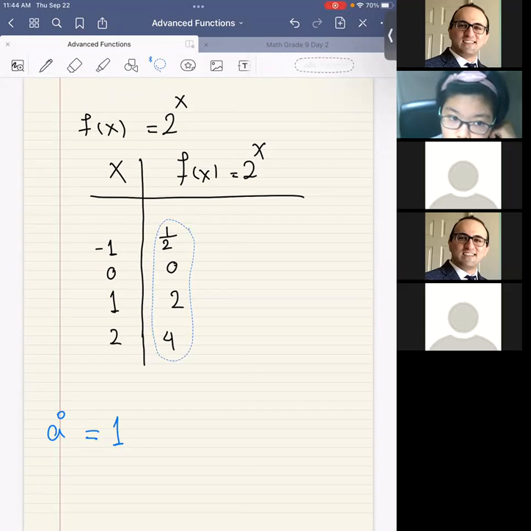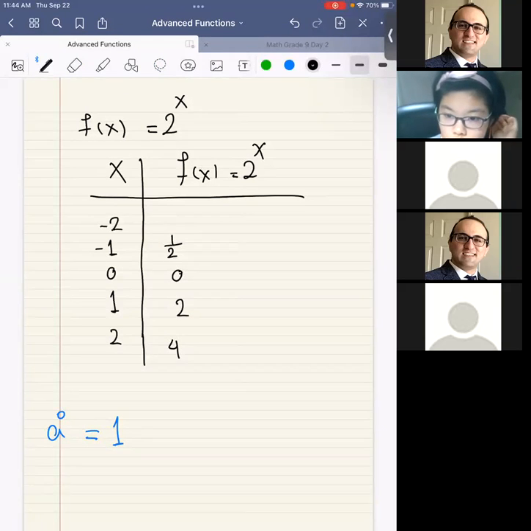What happens if x is negative 10, for example? Then f of x would be 2 to the power negative 10. 2 to the power negative 10 is 1 over 2 to the power 10, and 1 over 2 to the power 10 is 1 over 1000 and something. So it's a very small number, right?